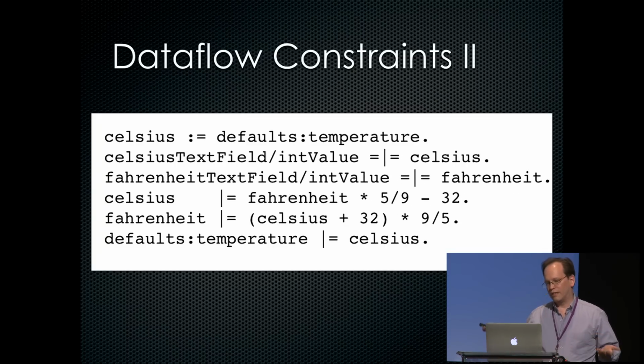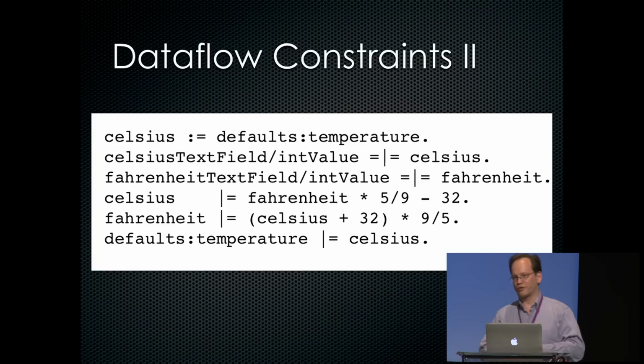And so a little bit more complex example, temperature converter, classic. This is a complete temperature converter with persistence, right? Initial one, that's a normal assignment. You have an instance variable called Celsius. You read that out of the defaults database. Then you specify that you have two text fields, and that they should, that's a bidirectional constraint, so they should always bind to the actual local variables.